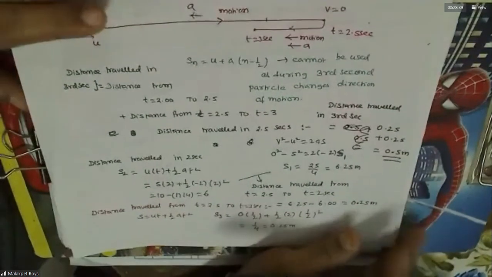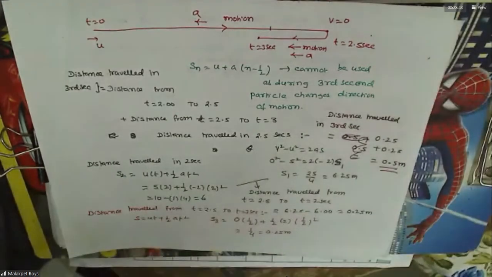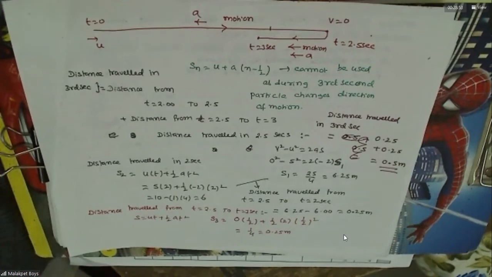Is it clear now? Remember, when they're asking you to find the distance, displacement means you need not check all this. Distance only, the headache will come. Because S is equal to ut plus half at square, this equation gives you displacement, not distance. So if they ask distance, find out if the particle is changing direction or not during the interval where he has asked.